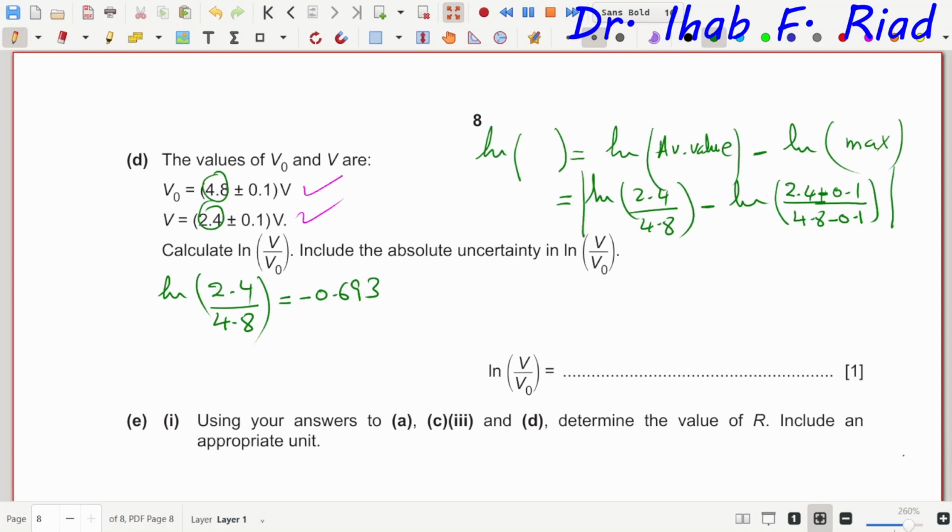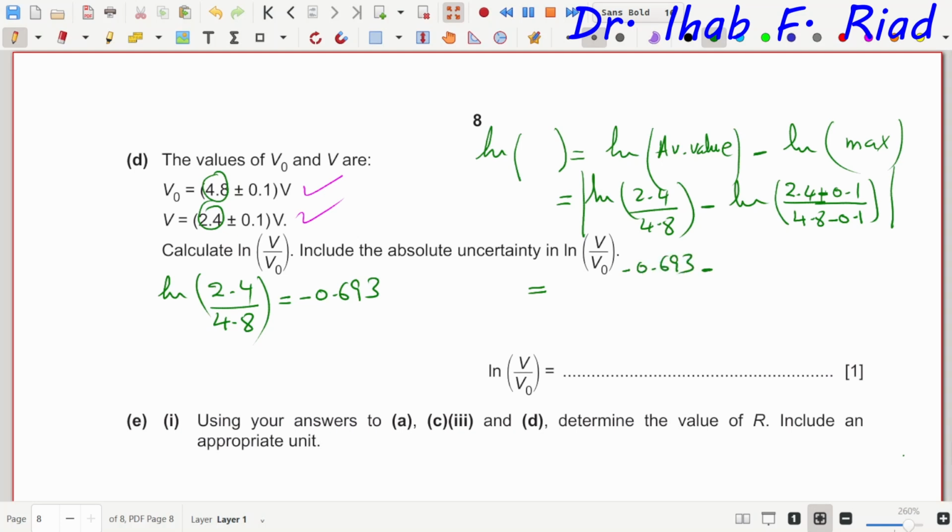What does the absolute value mean? That we don't care if we got a minus sign. If this value is minus or positive, we don't care. We always quote the positive value. Okay, so let us do the calculation. We know this part is minus 0.693.